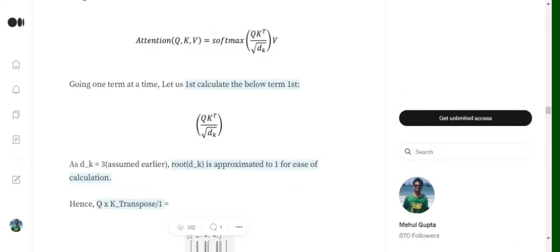You need to remember the value matrix. The first row represents how important the first token is to all the other tokens in the sentence. So for each value in that particular row, we need to multiply it by the first row of the value matrix, second row of the value matrix, and third row of the value matrix.